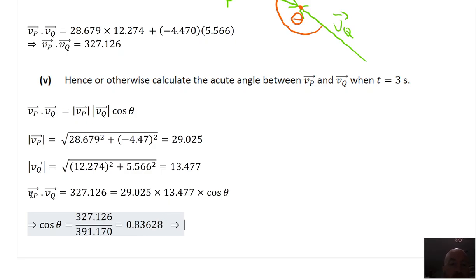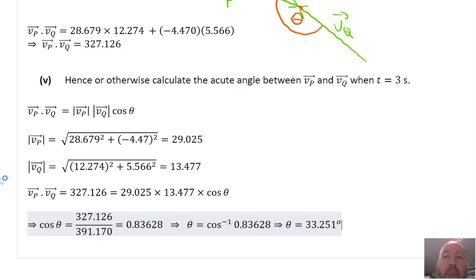And what that means then is that theta equals cos inverse of 0.83628. Again, I know this is wrong because I spotted the mistake I've made, but I just want to play through as if I hadn't. And so cos inverse of that is 33.251 degrees.